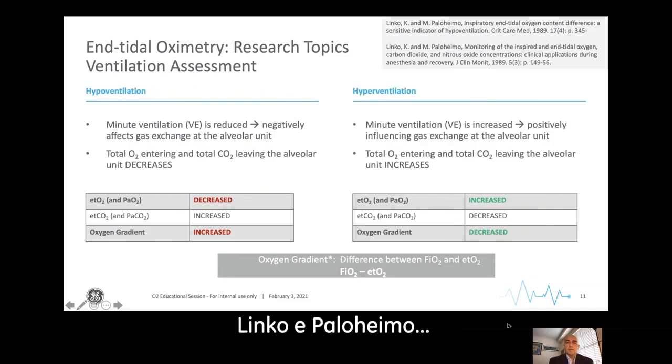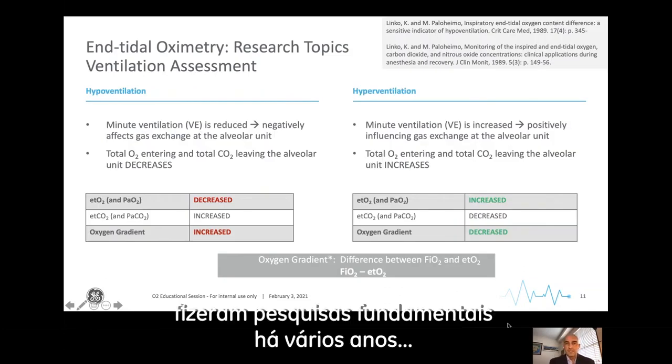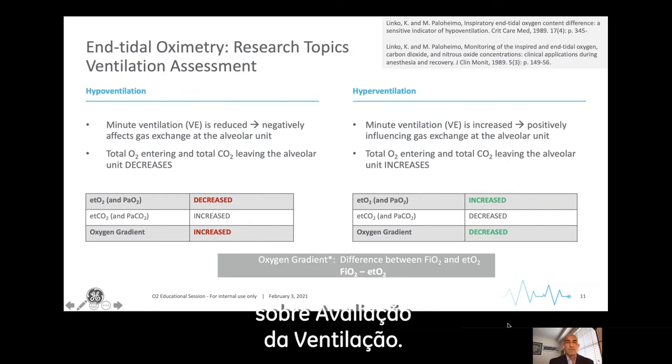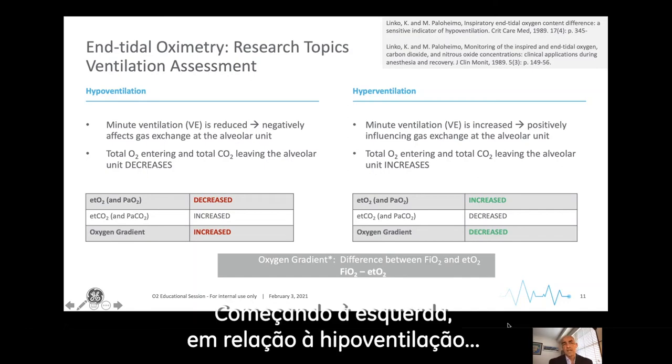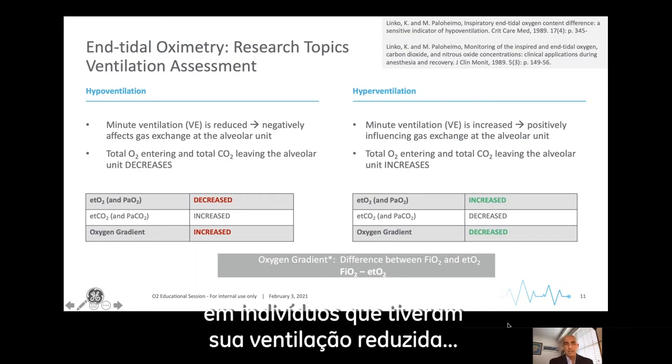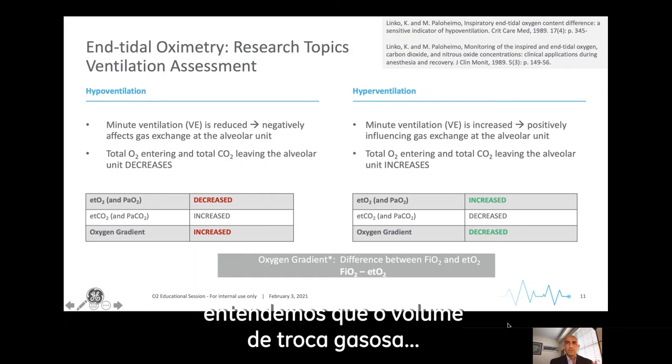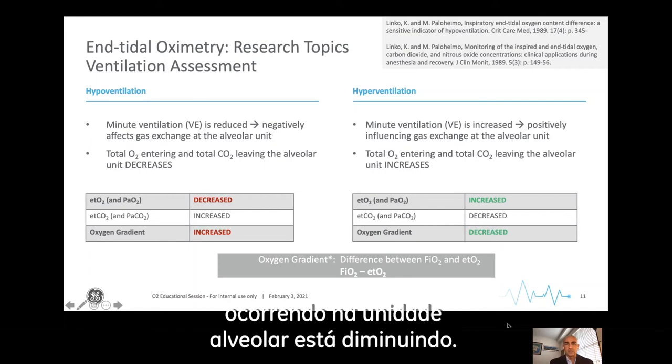So Linko and Palomeo have done some fundamental research several years ago now on the topic of ventilation assessment. To start off on the left with regards to hypoventilation, in individuals that had their minute ventilation reduced, you understand that the amount of gas exchange that is occurring at the alveolar unit is decreased.